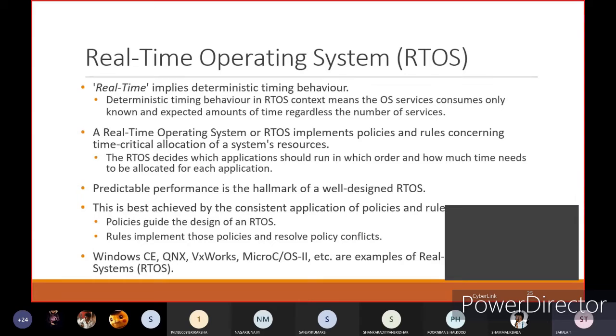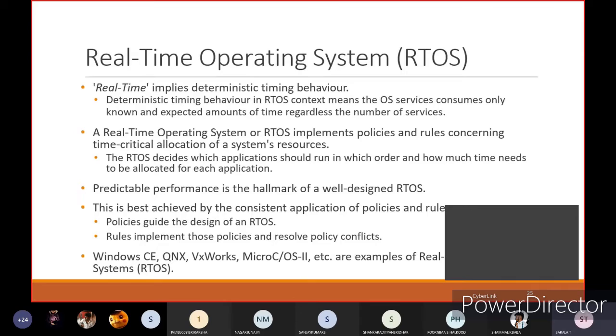The RTOS decides which application should run in which order and how much time needs to be allocated for each application. You can call that scheduling or interrupt priority level of scheduling.